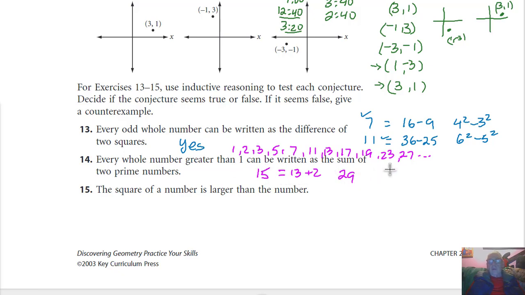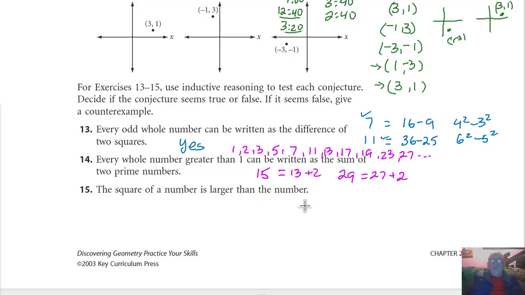Let's see if we can write it as the sum of two prime numbers. 15 and 14. 17 and 12. 19 and 10. 23 and 6. 27 plus 2. And we got that one.